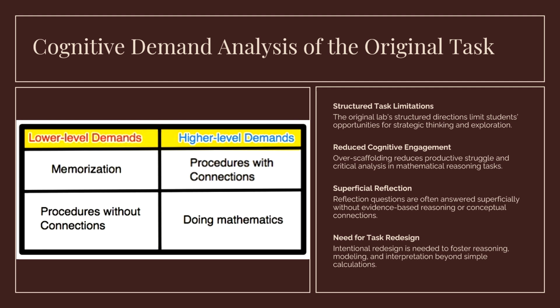As a result, students may complete the activity without fully understanding how theoretical and experimental probability differ. So this shows that while the task is engaging, which again was really the focus of Friday's lesson, it does not promote deeper conceptual understanding, which highlights the need for redesigning. So that's exactly what I did, and I'll probably go back and present them with the second project, which is that carnival activity, my redesign.